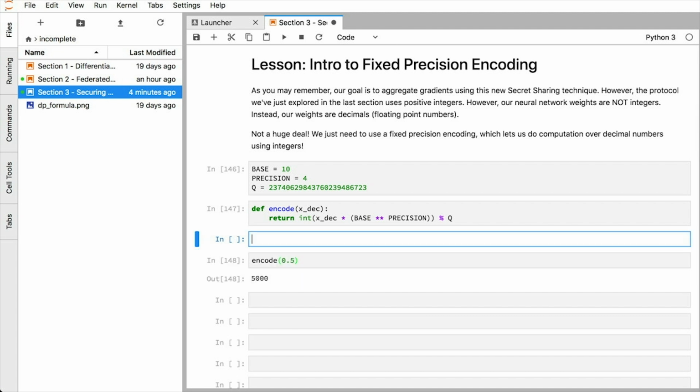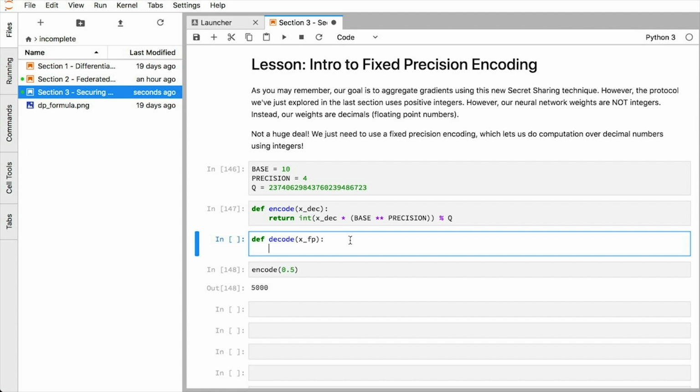Cool. So let's do a decode function. Decode is literally just taking the same process in reverse. It's quite simple. So we'll say x fixed precision, and return x if x is less than or equal to q divided by 2, else x minus q. And here's the main part: base to the power of precision, right?